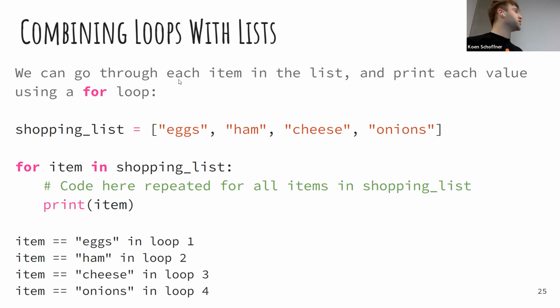The way you declare a loop is you write for, and then item in shopping list. Pay attention here because this is the key. You need to declare a specific variable. A lot of times in Python, if you're dealing with numbers, people use x or i. Those are common ones to use within loops. You can name it whatever you want, but this just says for an element in this list.